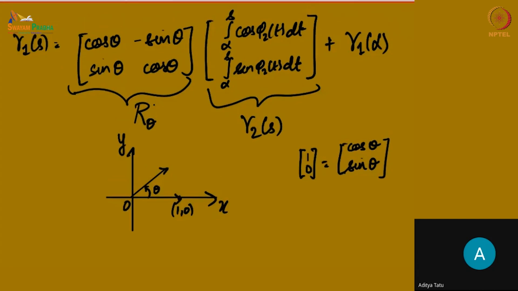Okay? But if you are not familiar with rotation matrices in the XY plane, it's okay. Just believe me, this is a rotation matrix. Okay, but you can clearly see the relation between gamma 1 and gamma 2.